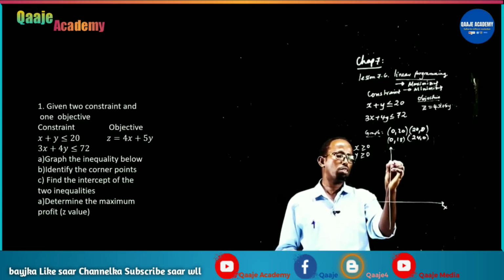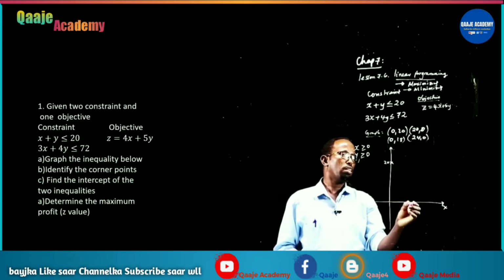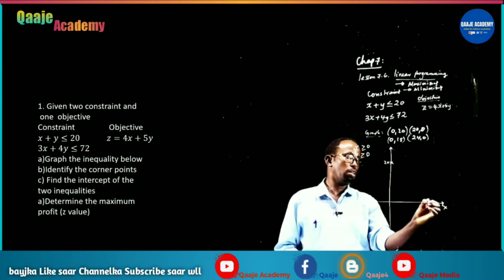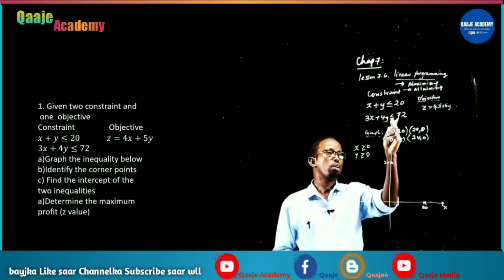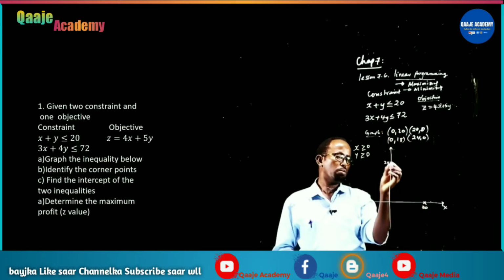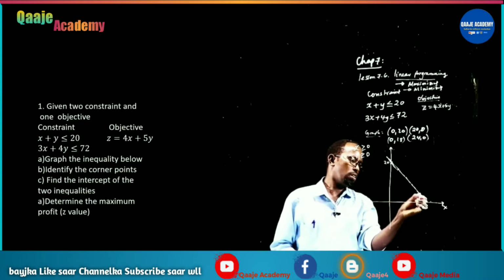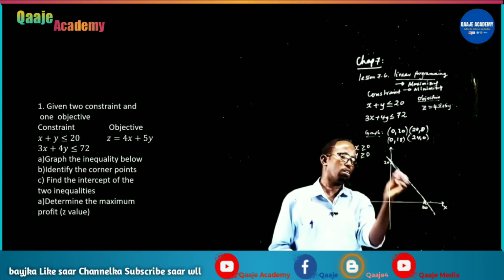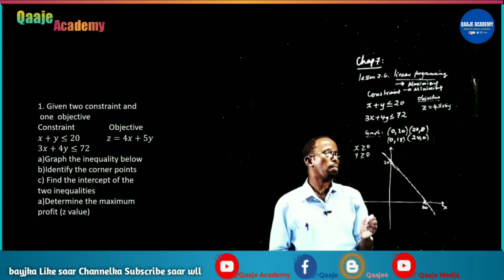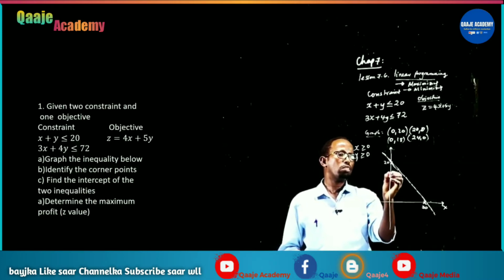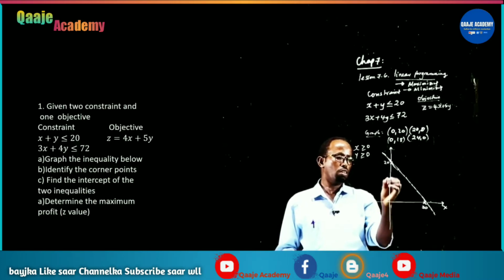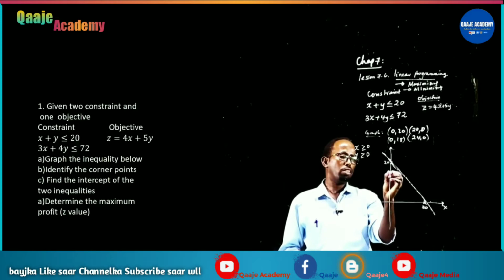Let's assume this is where 20 is, and then 20, 0, somewhere here. This one has an equal sign, so this line will be a solid line. 0, 18 is below 20.